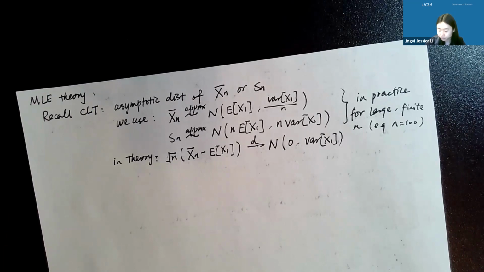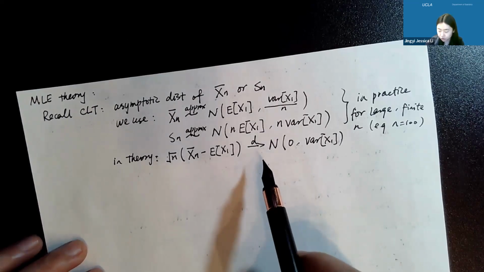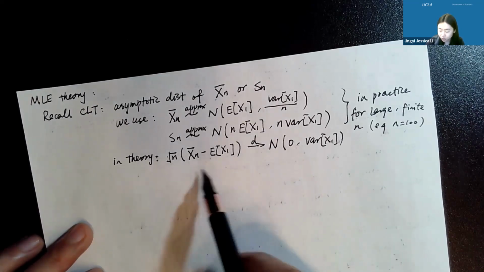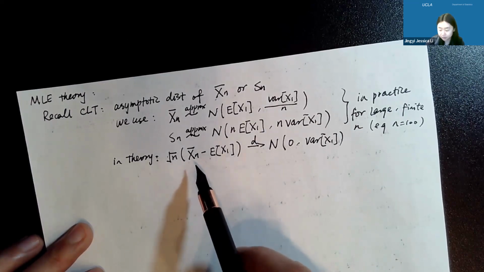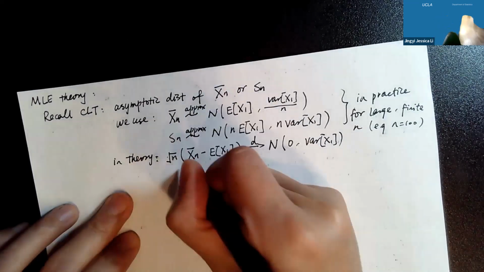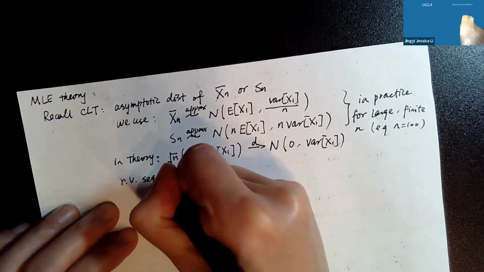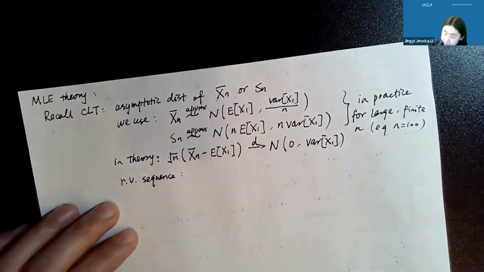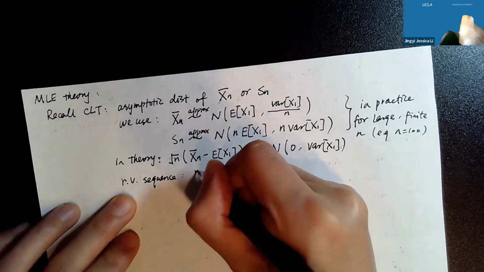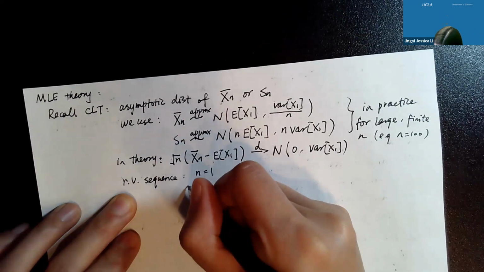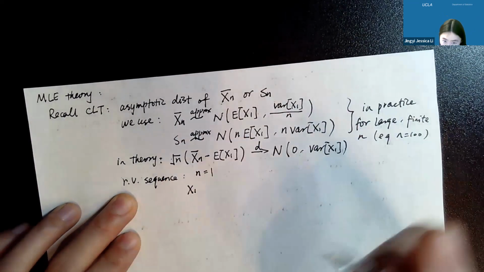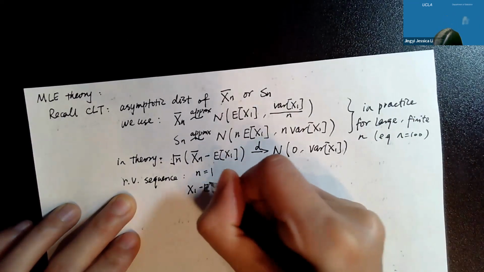And when we say convergence in distribution, I don't give the formal definition here in this class, but you can think about this convergence in distribution as, so on the left-hand side, you have a random variable for every Xn, right? So the random variable sequence changes with n. So for say n equals 1, you are going to have it just as X1 alone, that's the mean, minus E[X1].